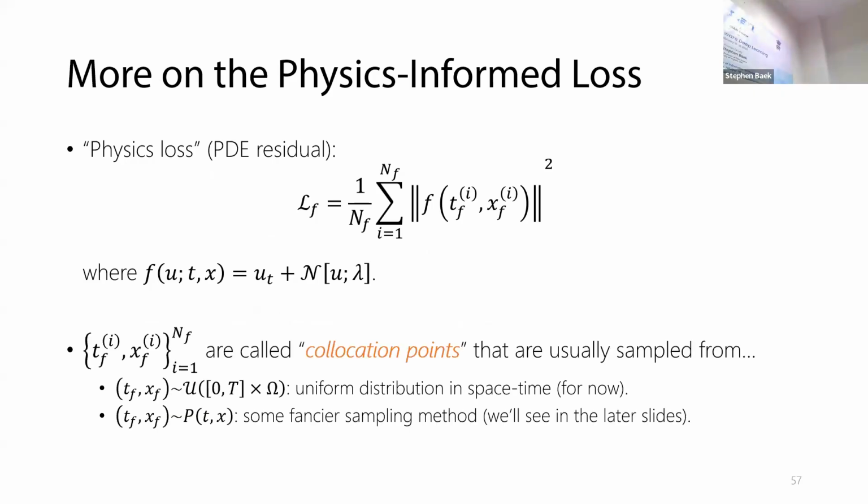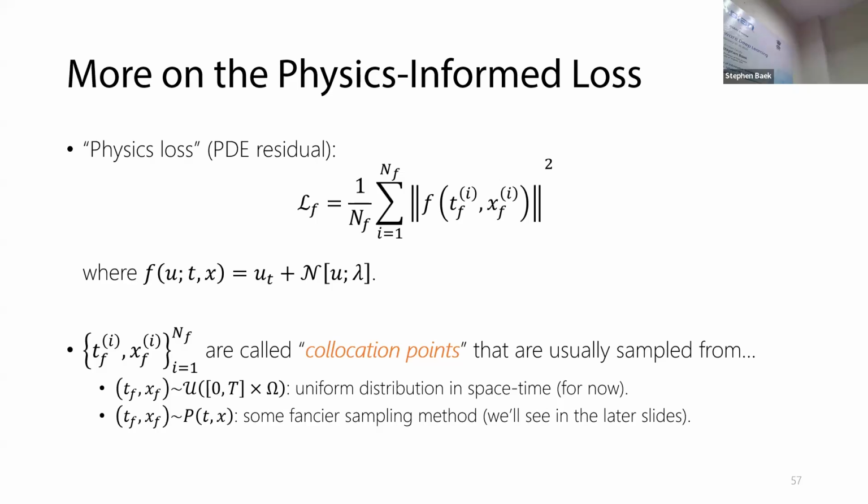Now, a little more on the physics informed loss, or the PDE residual term. The collocation points are the points, like I said, defined as the pair of the location in time and the location in space. And like I said earlier, you do not need ground truth values of the physical quantity. Note that there's no u involved in the definition of the physics informed loss.